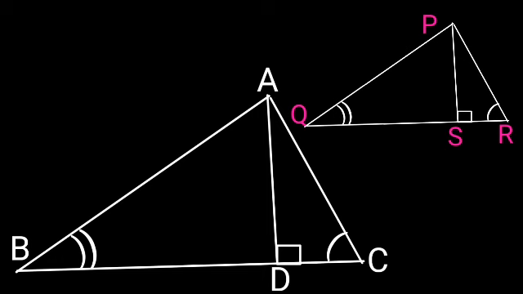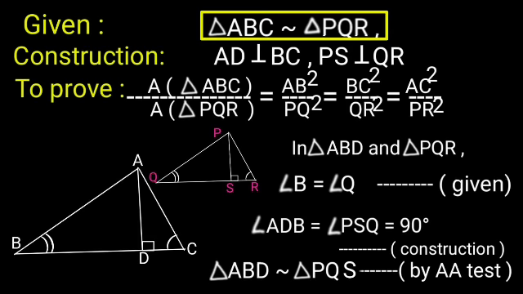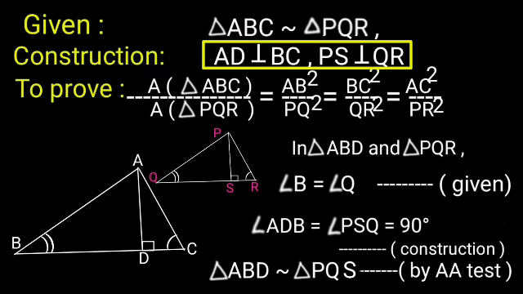To prove this theorem, we draw segment AD perpendicular to segment BC and segment PS perpendicular to segment QR. Given: triangle ABC is similar to triangle PQR. Construction: AD is perpendicular to BC, PS is perpendicular to QR.